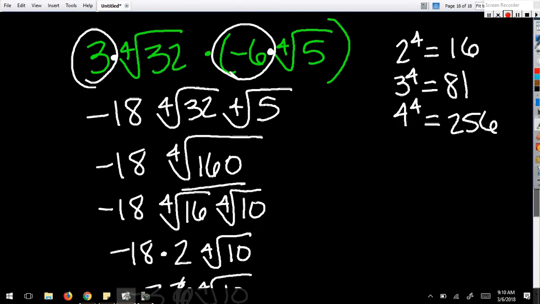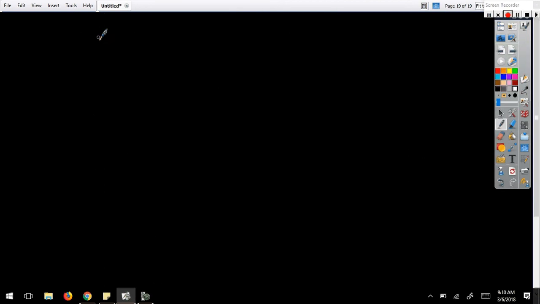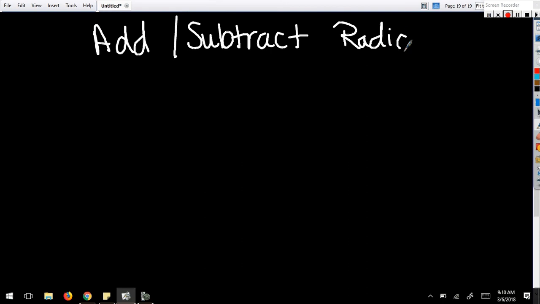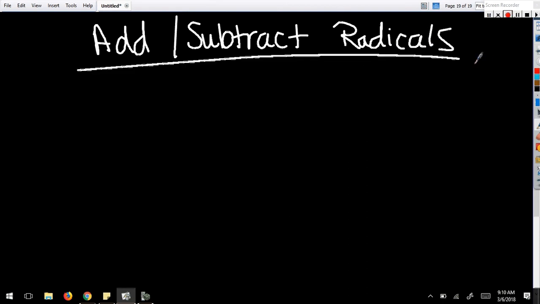We're going to add and subtract radicals. I know this was a lot. A lot of this was a review. We're just applying it to fractions now. When we add or subtract radicals, we can only combine radicals that are what we call like radicals.